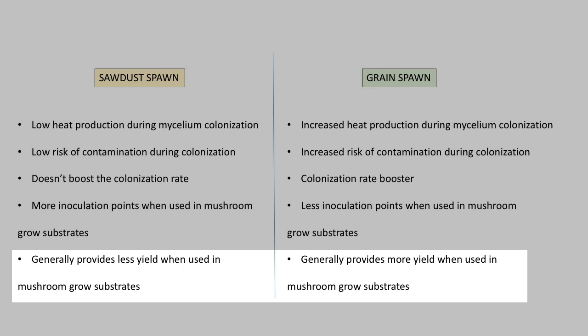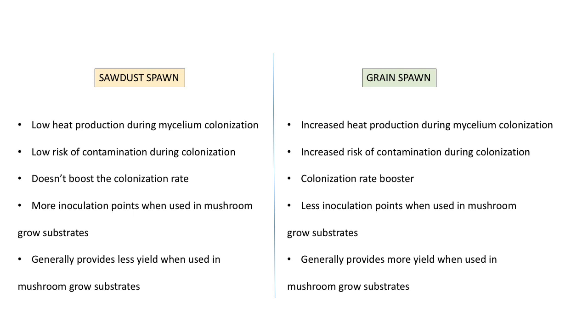And this depends on the amount of inoculum that we would use. Now, when we're using sawdust spawn, this yield will be lower. In this case, to get a similar result, we could supplement a bit higher the substrate recipe.